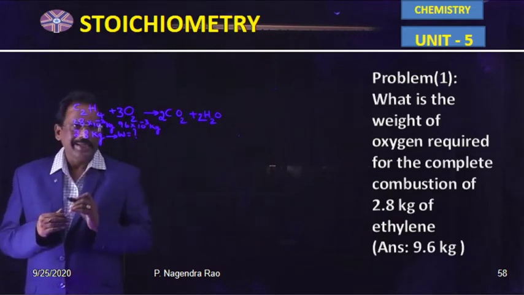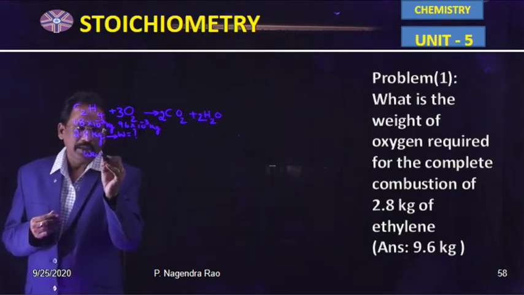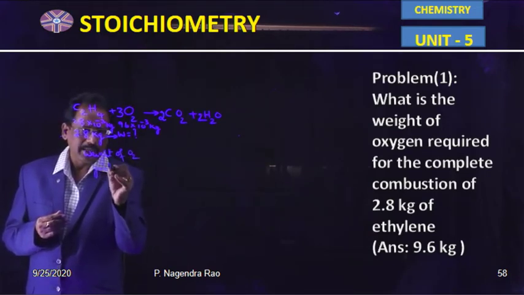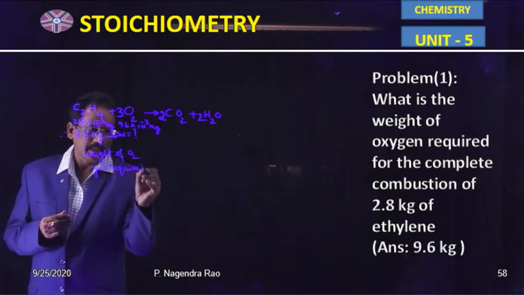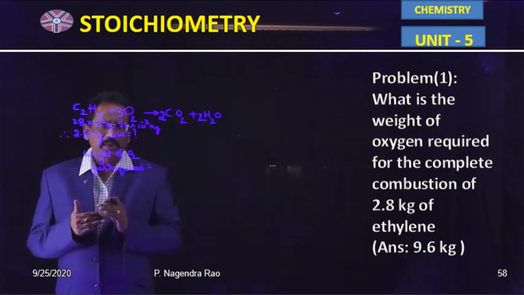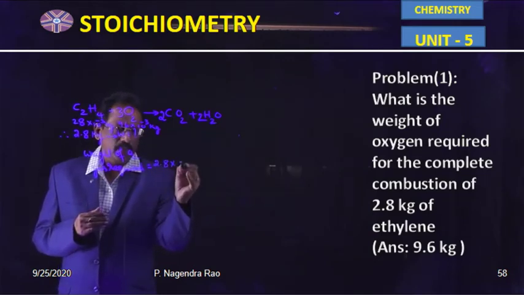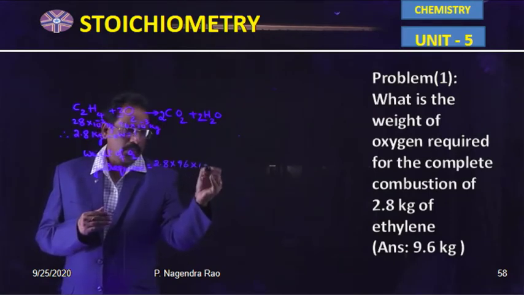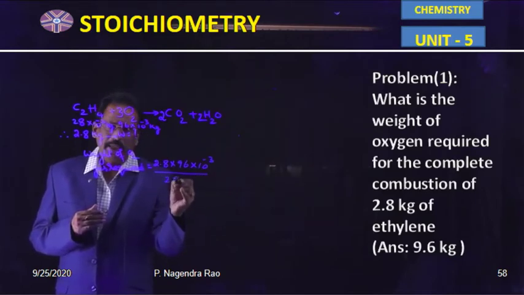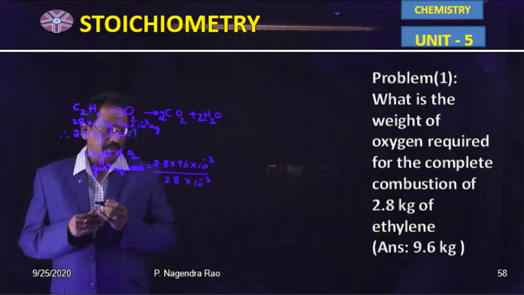Therefore, the weight of oxygen gas required for the complete combustion of 2.8 kilograms of ethylene gas is equal to, by cross multiplication, 2.8 into 96 into 10 power minus 3 divided by 28 into 10 power minus 3.